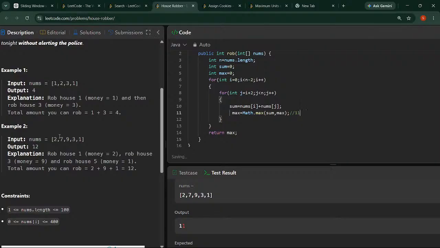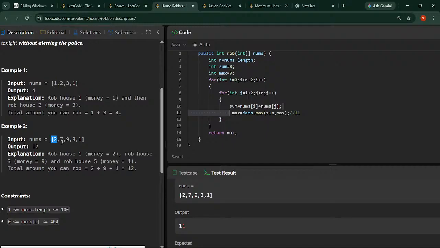Then I will check for 7. 7 and 3 and 7 and 1, right? It will not work. 9 and 1. Okay, according to 11 will be the output, I should have 12. Rob house 1 and rob house 3. And okay, we are supposed to rob as many as the houses. Rob house 1. I thought we have to rob 2 houses only, but here we are 3.